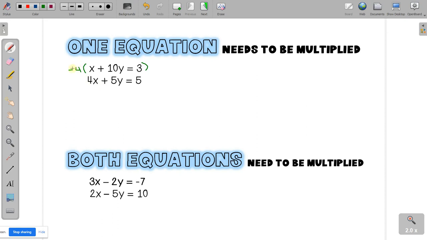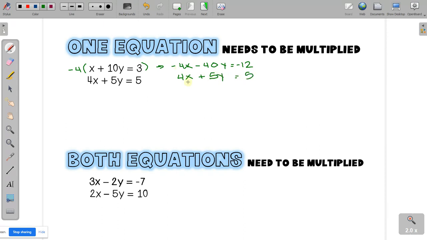When you multiply, negative 4 times x gives us negative 4x. Negative 4 times 10y is negative 40y. And negative 4 times 3 is negative 12. Go on and rewrite the second equation as is. 4x plus 5y equals 5.